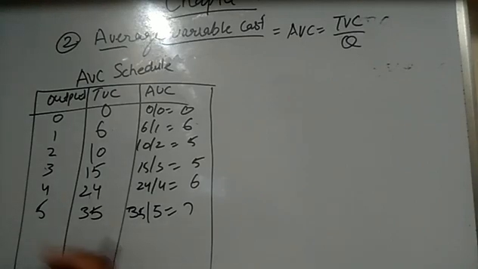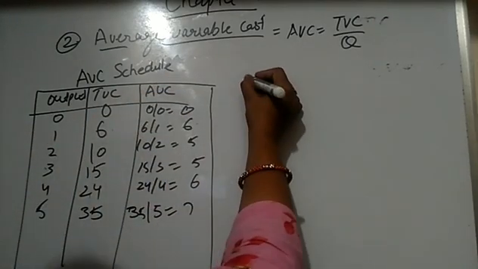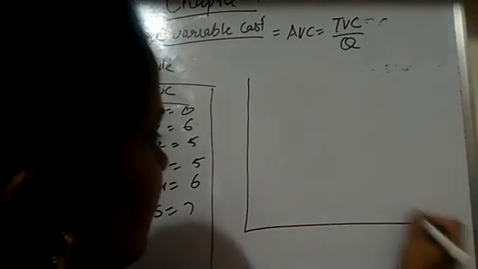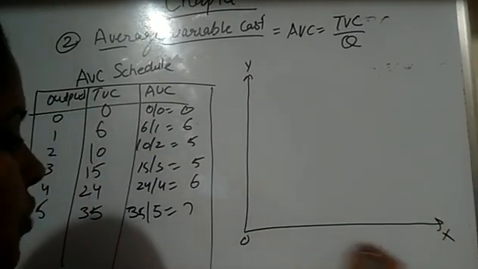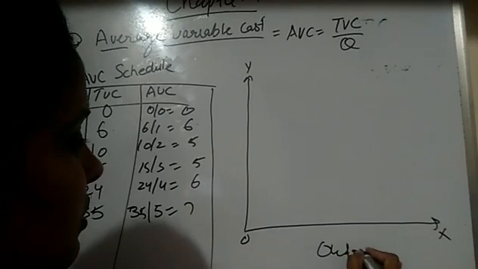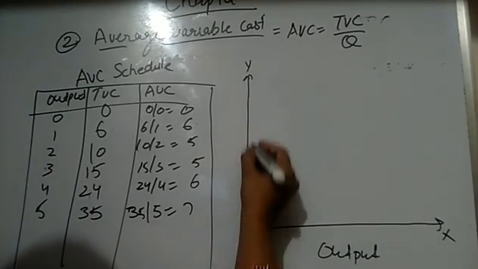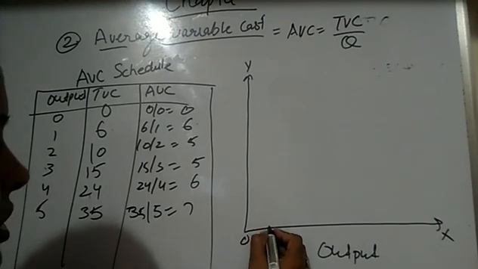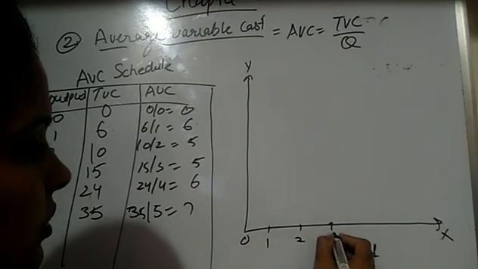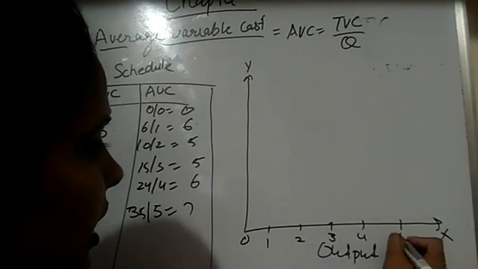Now I am presenting the average variable cost with the help of a diagram. So Y O X, on the OX axis I am presenting output. Output units are 1, 2, 3, 4, and 5.